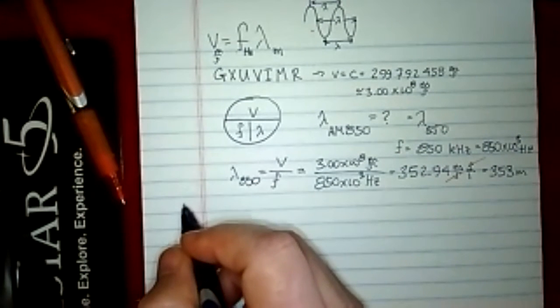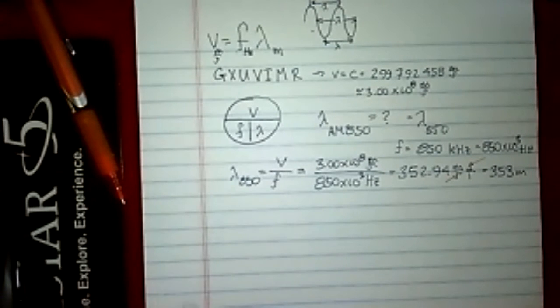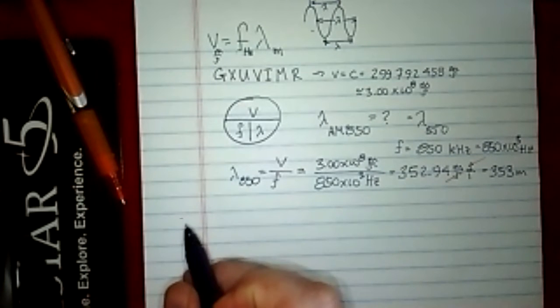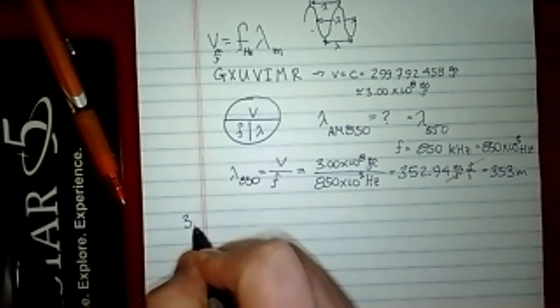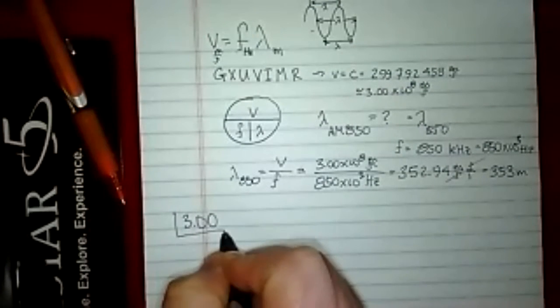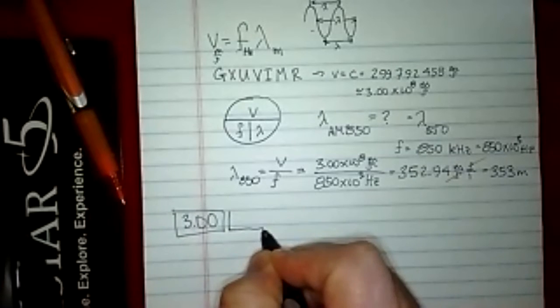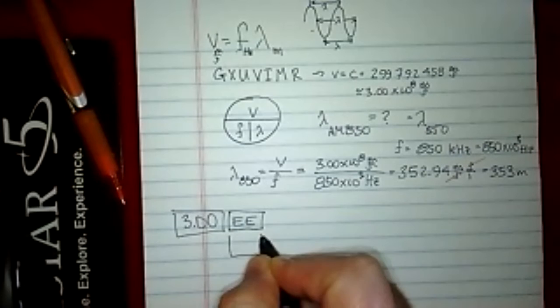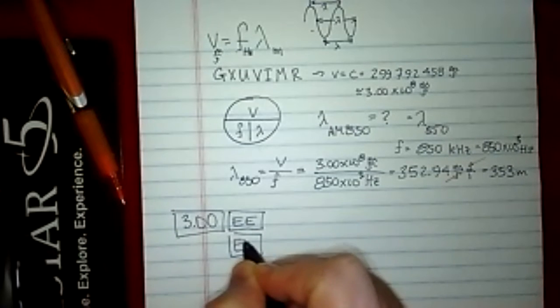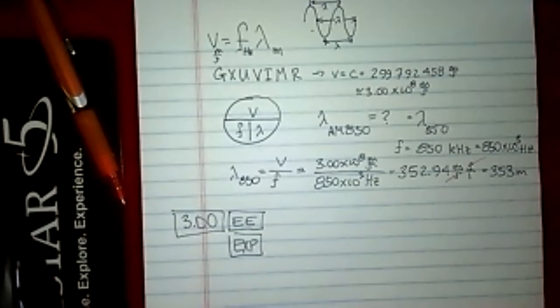Now I will show you how to do this in a calculator, again using exactly one button, and I'll explain what other things you could do as we go along in case you're a little more savvy with your calculator. So to implement this on a calculator, I'd type 3.00, and then your calculator is going to have either an E button or an EXP button.